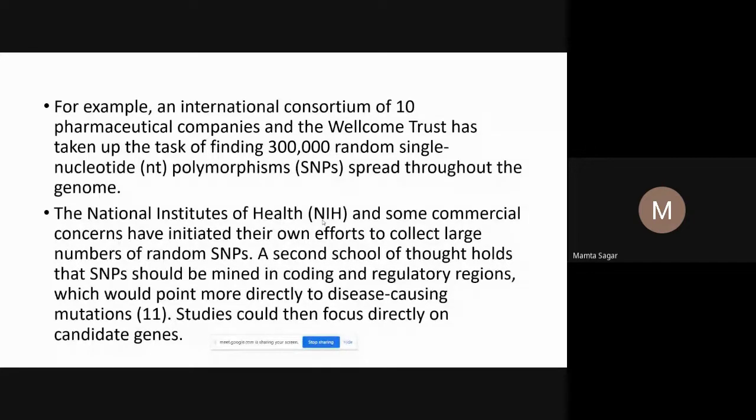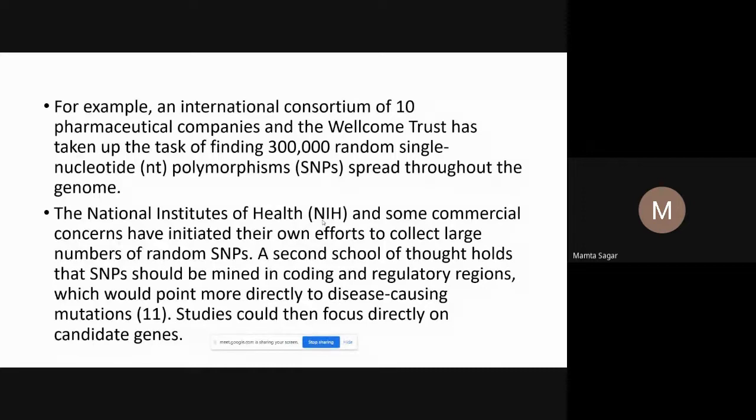Generally in nature, the impact of the mutation is always minimized. It goes in the introns. Generally, the mutations are found in the intron region. But sometimes it can appear in the coding region and regulatory region.